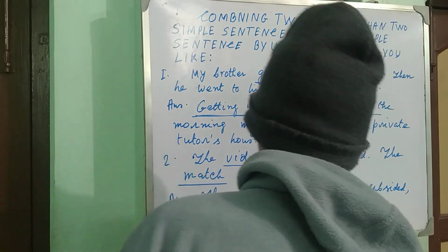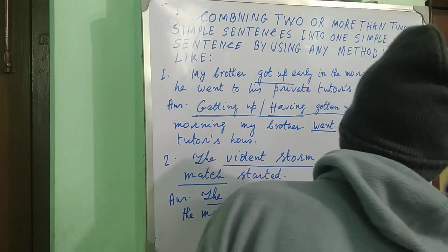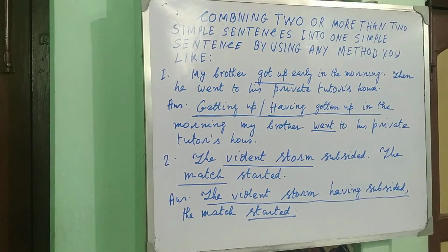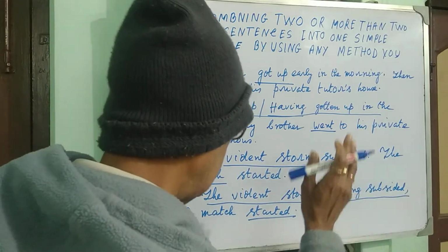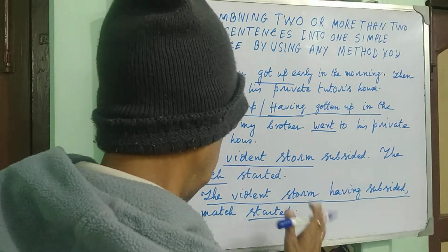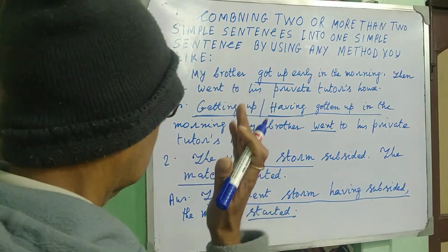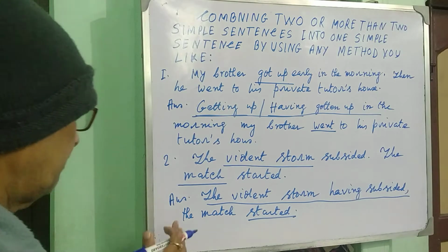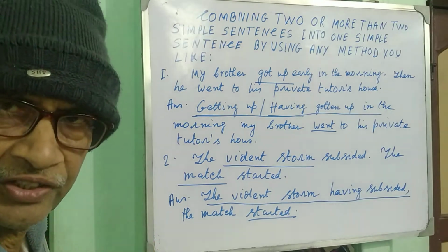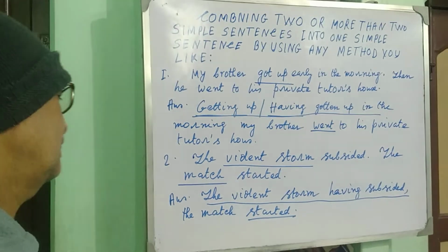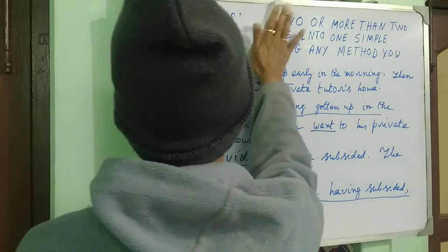And this is the finite verb. And this portion is absolute phrase. Why is it absolute phrase? It has been used in the sentence independently. And if you cut this portion, the match started, it is also a sentence. Clear?